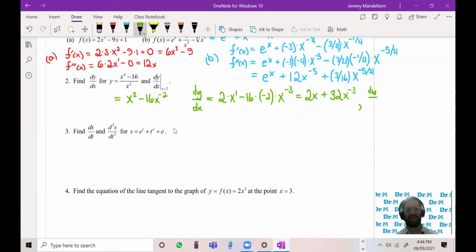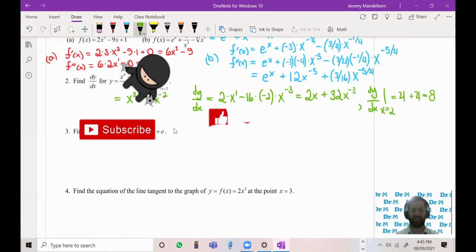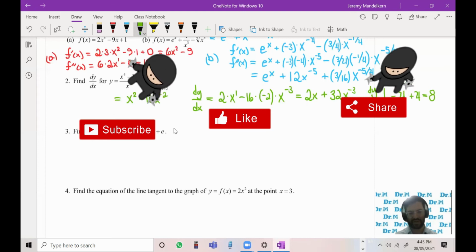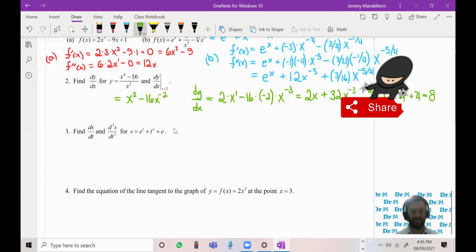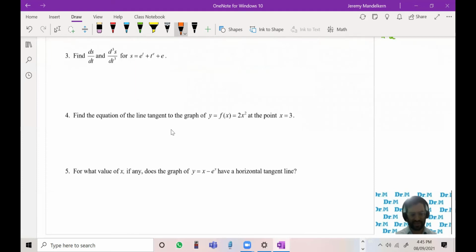Let's just go ahead and make that look a little prettier. And the value we get is 8. And with that, we've solved yet another problem from this differentiation worksheet. Notice how we're using rules to perform the differentiation as opposed to using the limit definition, which we used in some previous videos.